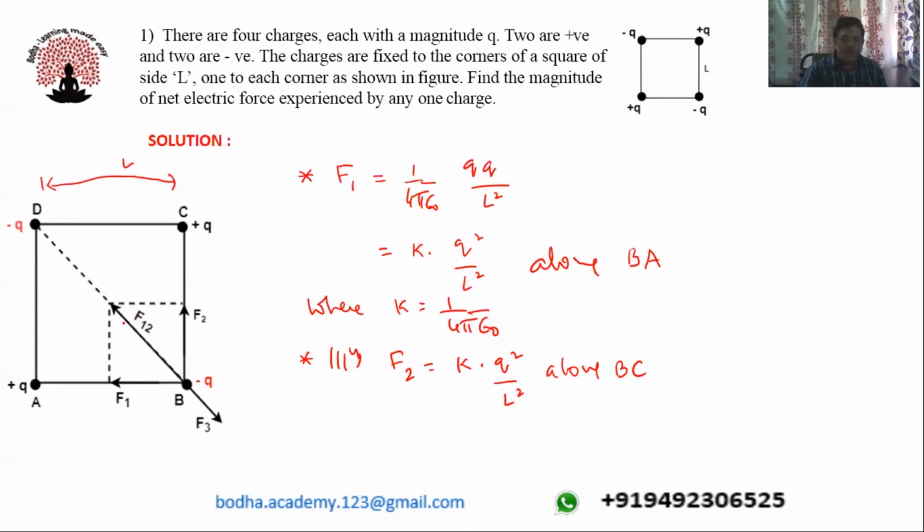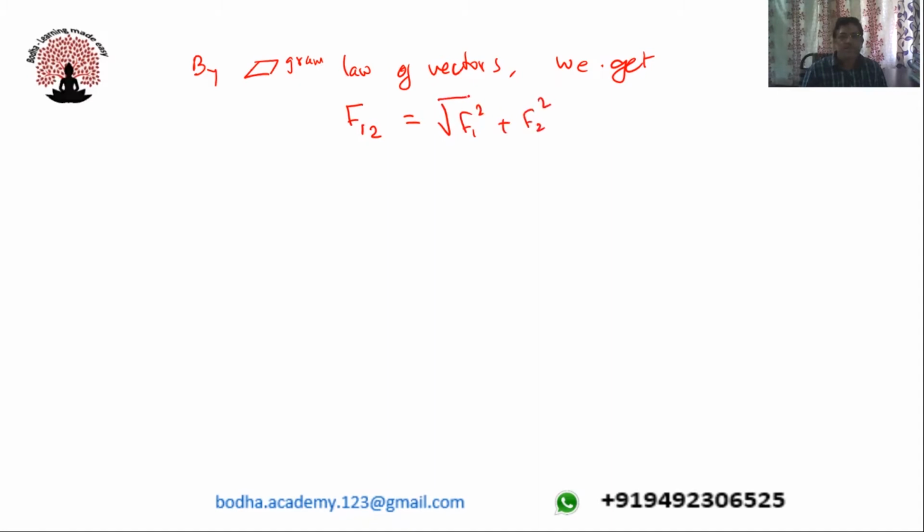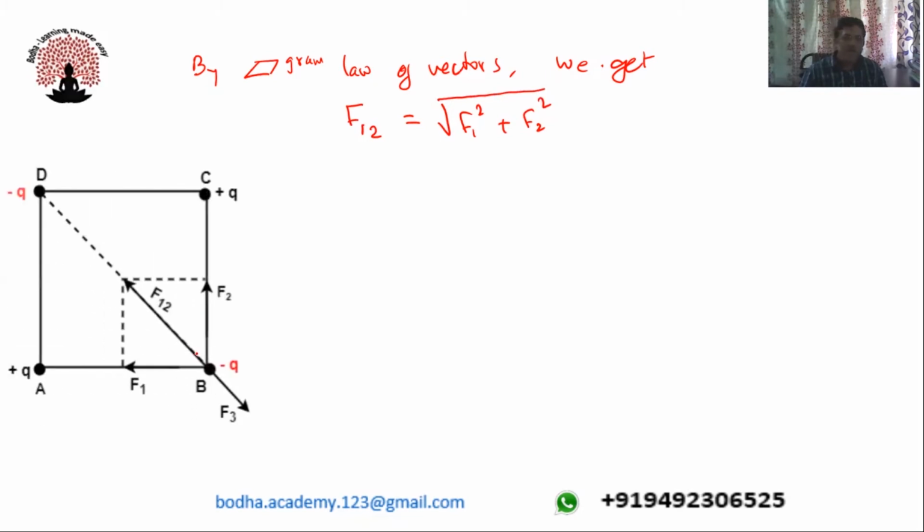So by applying the parallelogram law of vectors, we get the resultant force for F1 and F2 as square root of F1 square plus F2 square plus 2 F1 F2 cos 90. Observe here, the angle between F1 and F2 is 90 degrees and cos 90 is 0, hence I am not writing the other term.